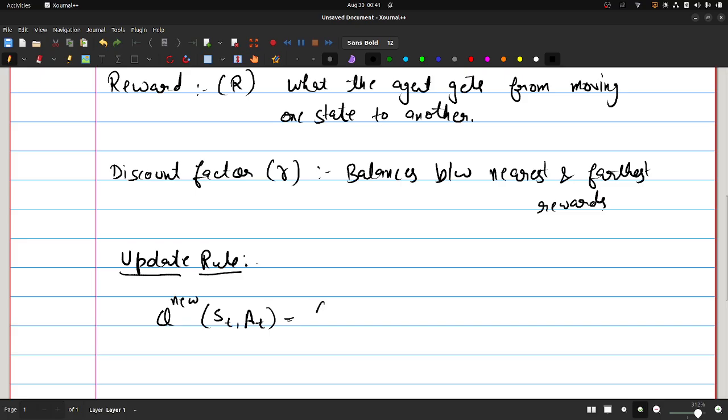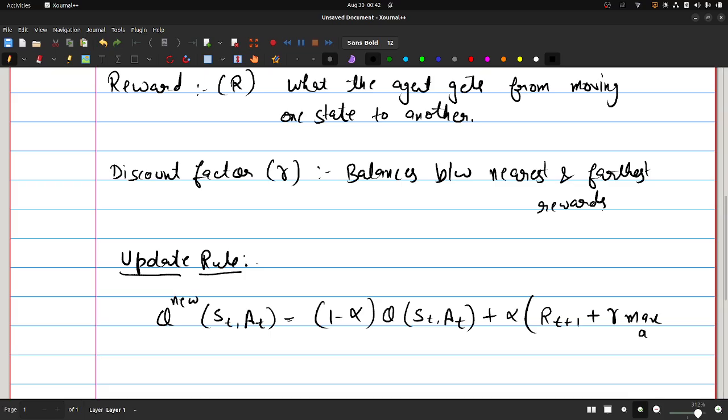It is equal to 1 minus alpha, which is the learning rate, times the Q value of the present state and present action, plus alpha times the reward that it will get from passing from one state to another, plus gamma, the discount factor, times the max value of the action which can give you the maximum value of Q for the future state, Q of s at t plus 1 comma a.